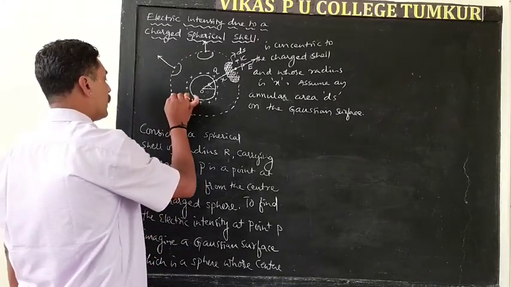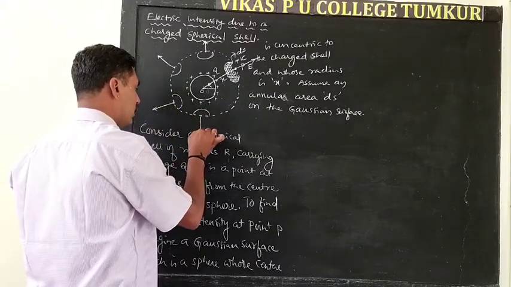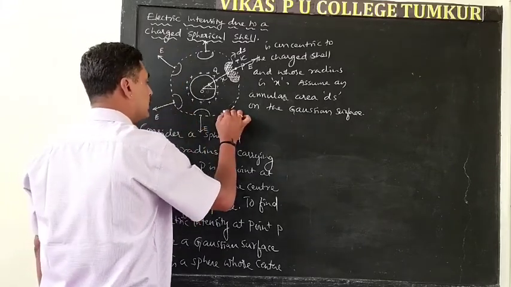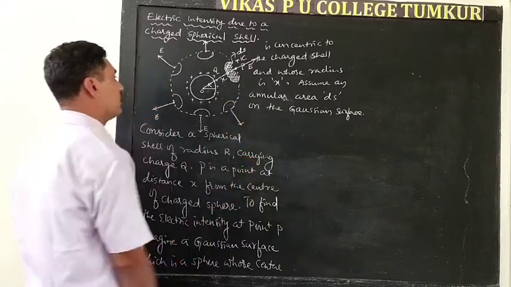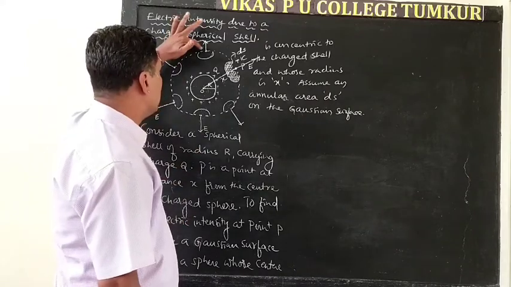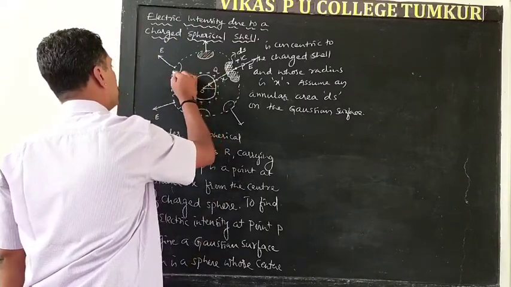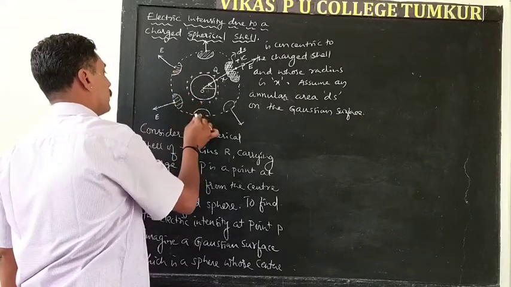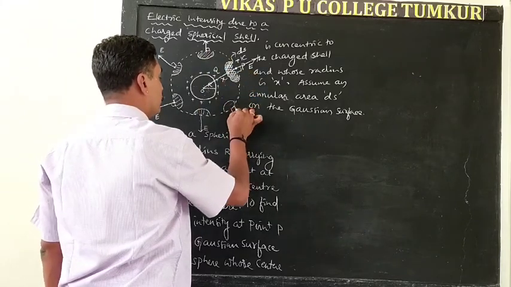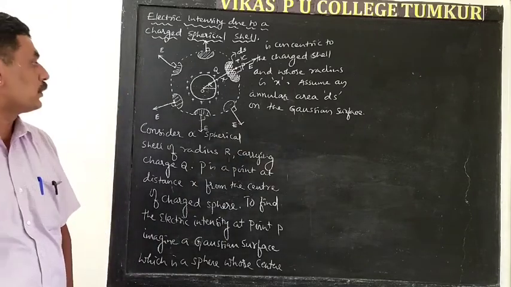If I place it here, it will be repelled like this. If I place it at this point, it will be repelled like this. So these are the directions along which electric intensity on the Gaussian surface acts. At any point on the Gaussian surface, the electric intensity is directed normal to this surface, perpendicular to this surface. So these are all normals, and these are the directions of electric intensity on the Gaussian surface.